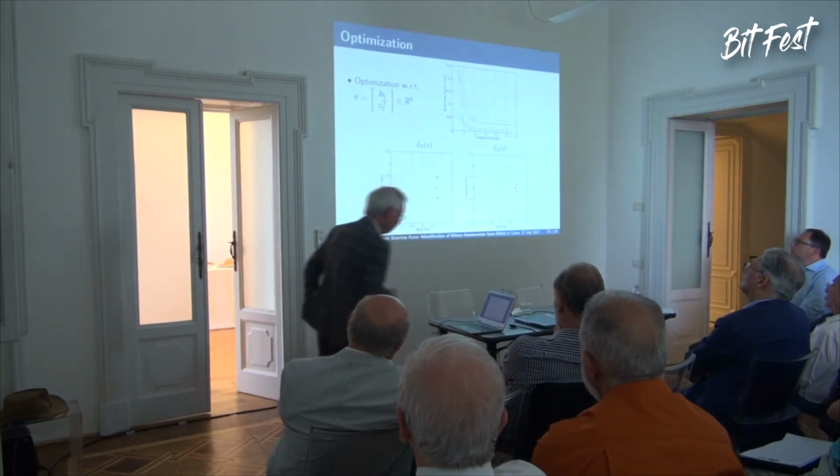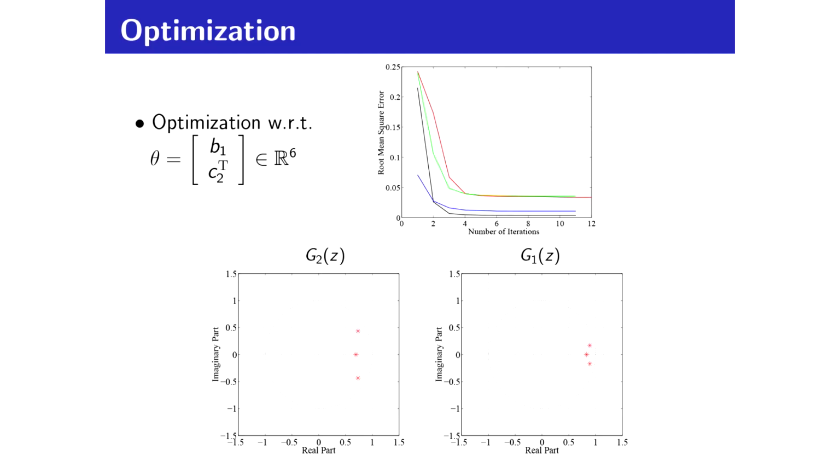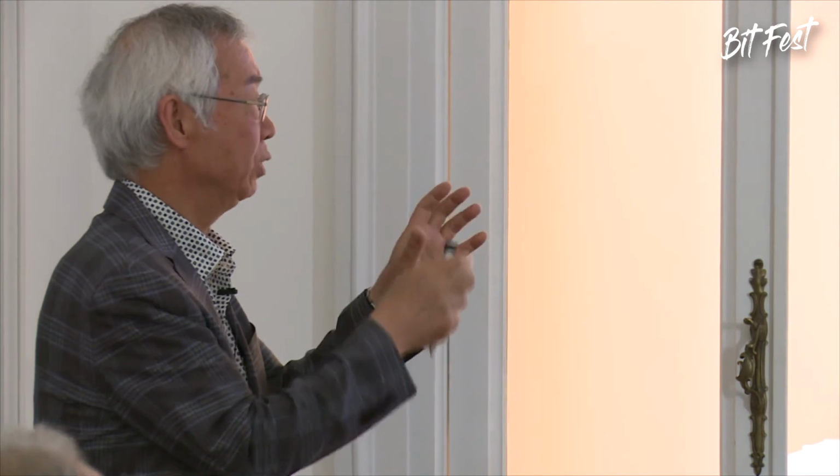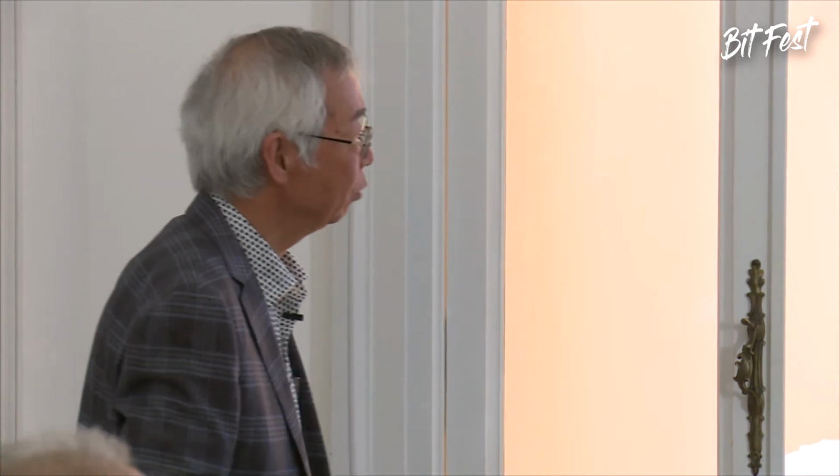This is the optimization result by taking advantage of separable least squares. Alpha is eliminated in the optimization, so we optimize in 6-dimensional space and 4 cases. The black one gives the best result, so the poles are separated in this way.